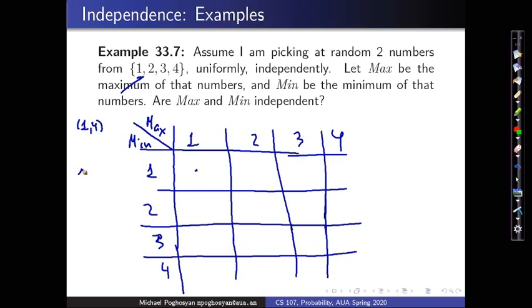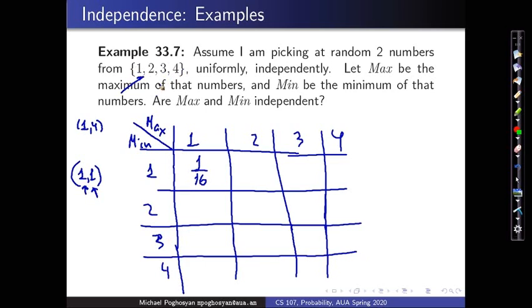So that can happen only if I am picking 1 the first time and the second time I am also picking 1. If I take any other value for one of the cases, say for the first number I pick 3, the maximum will be 3. So maximum and minimum are 1 only when the two numbers are the same, and the probability of having 1, 1 is 1 over 16.